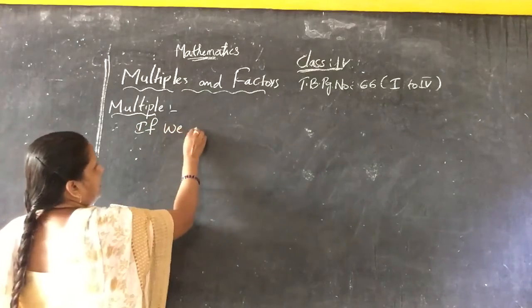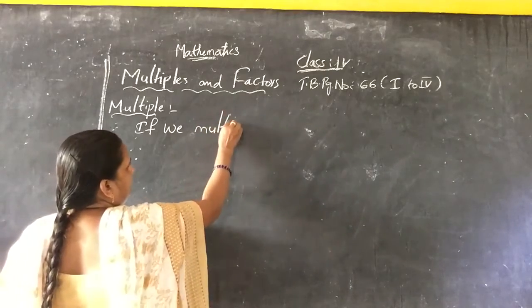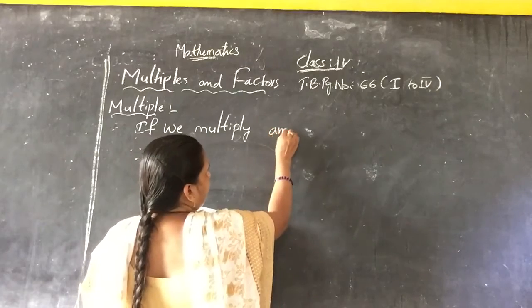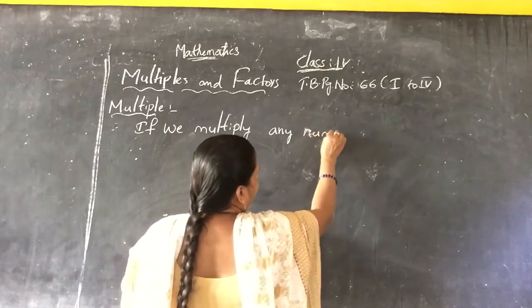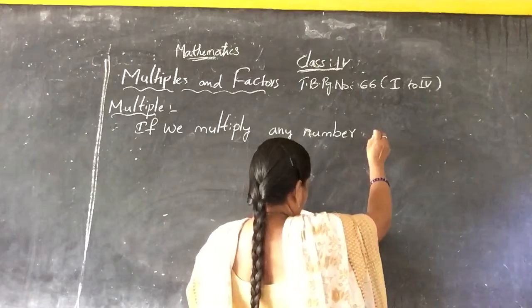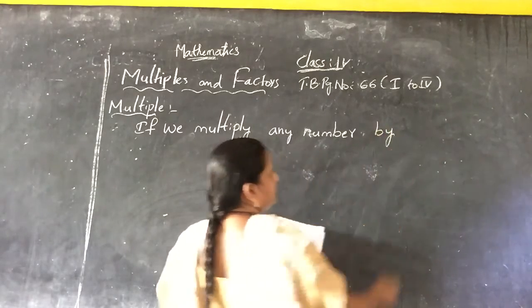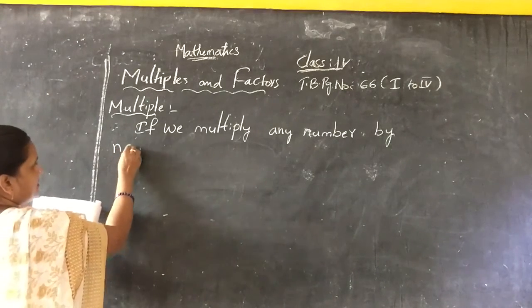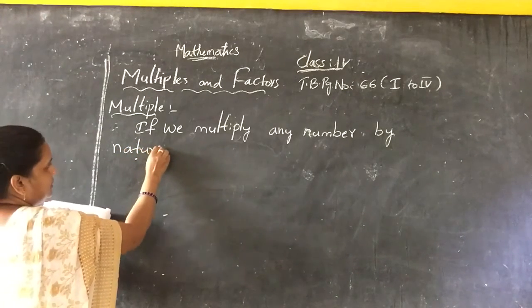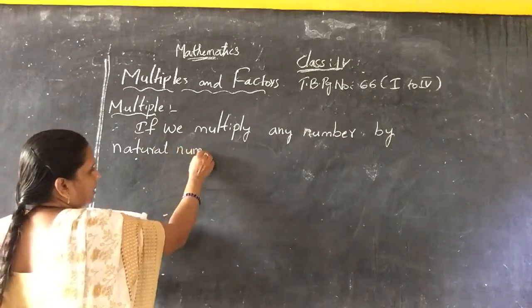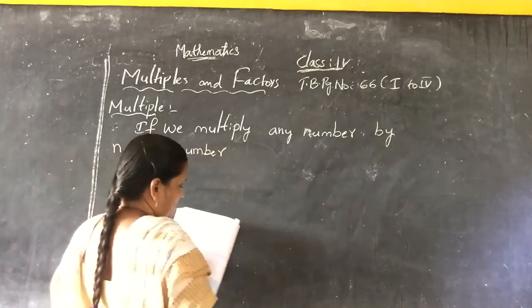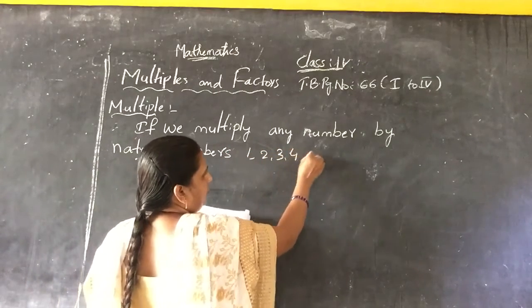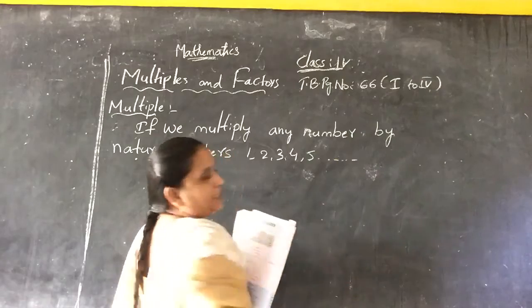If we multiply any number by natural numbers, that means 1 2 3 4 5, like that it is infinite.